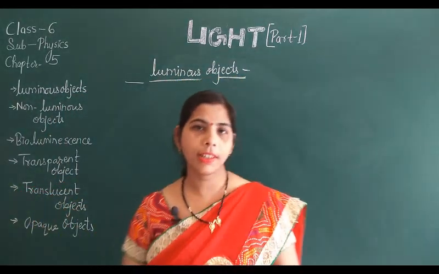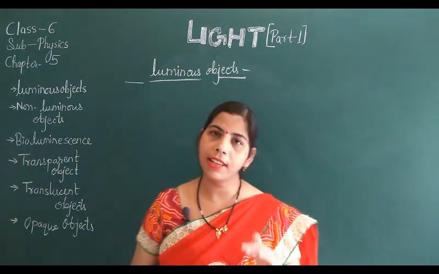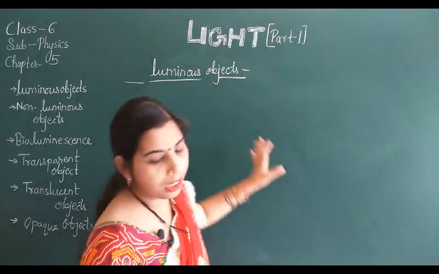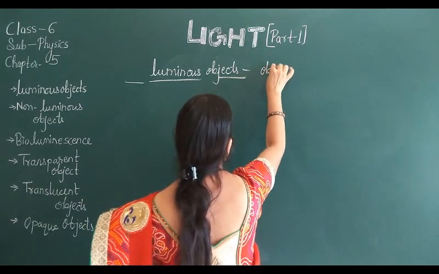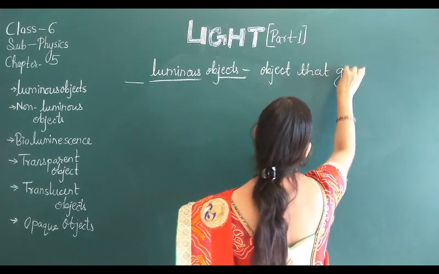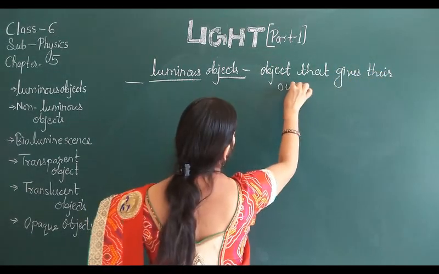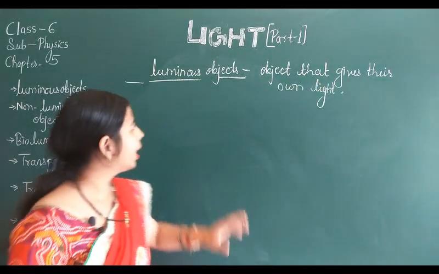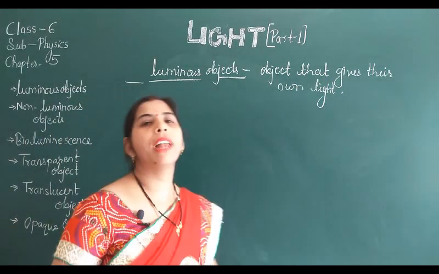If we discuss the luminous object, that means the object that emits its own light. All the objects that have their own light are known as luminous objects, just like the sun. Sun is the main source of light energy.